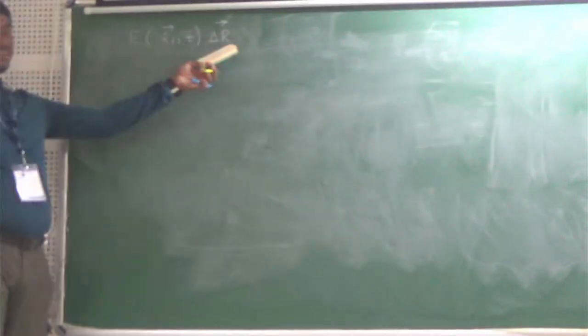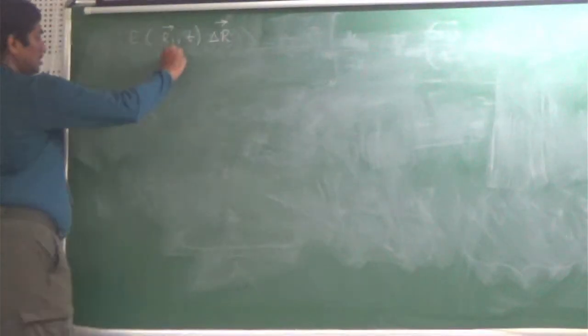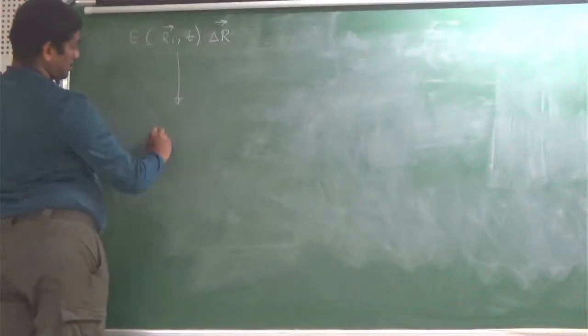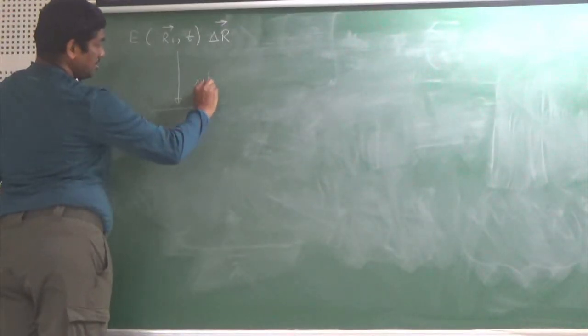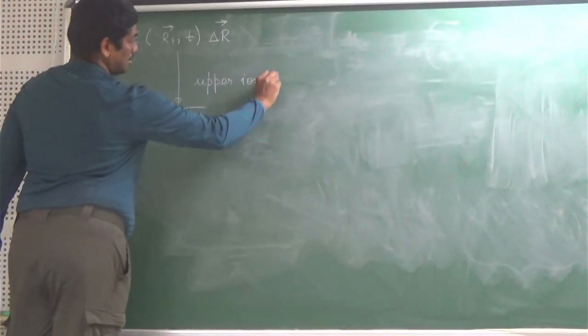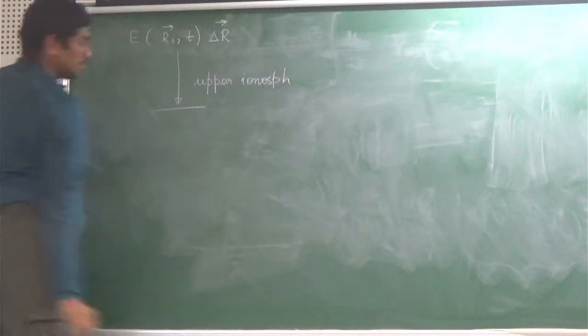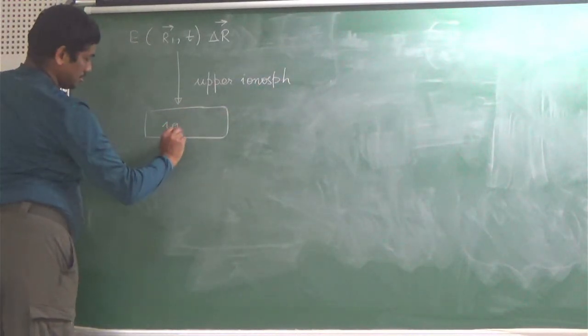So we get the integrated effect of region delta. Now it comes to the upper ionosphere, and it goes through the ionosphere.